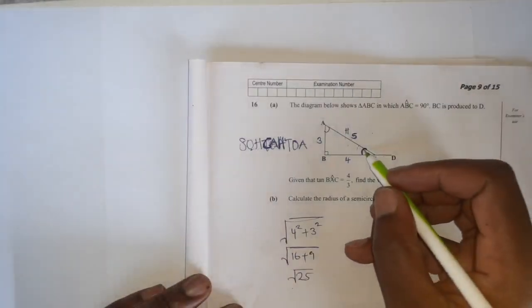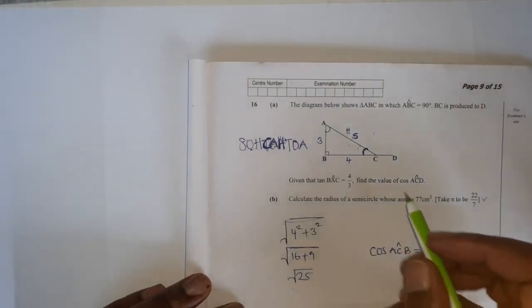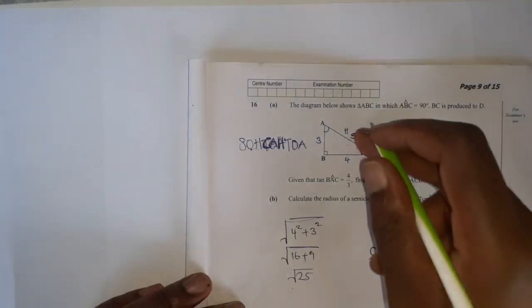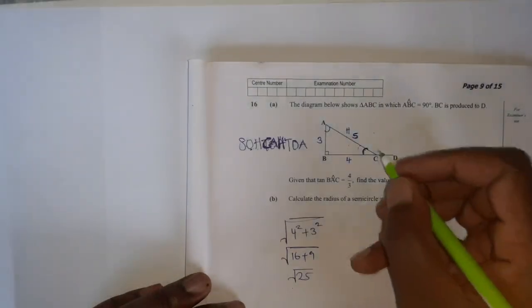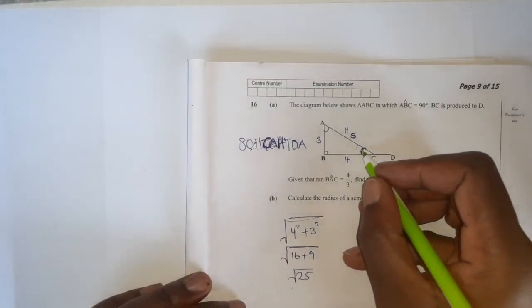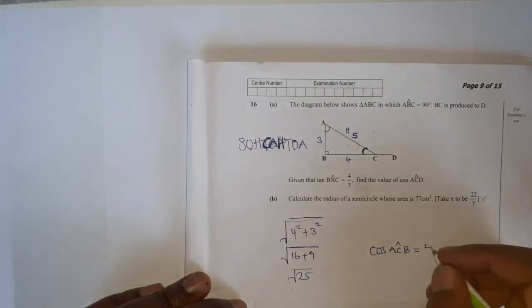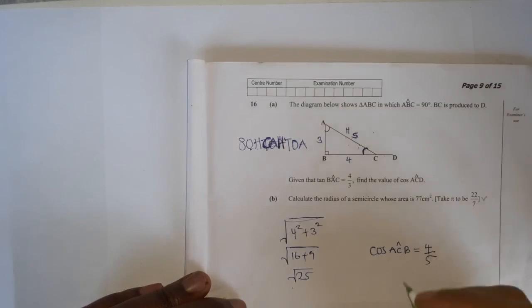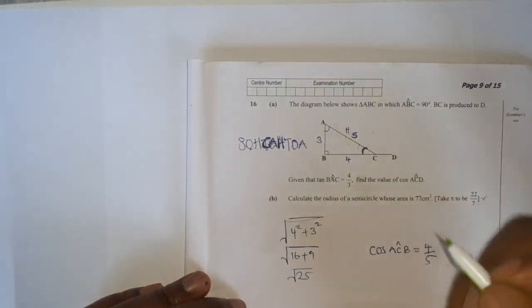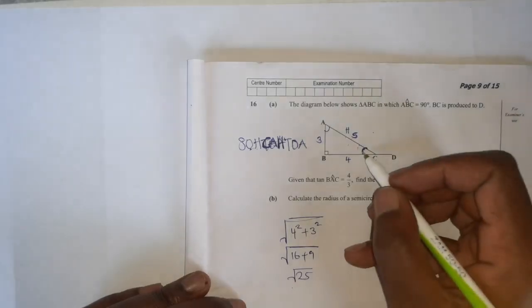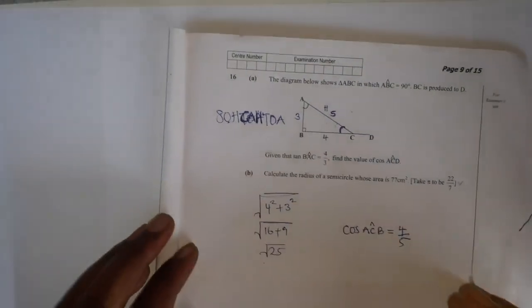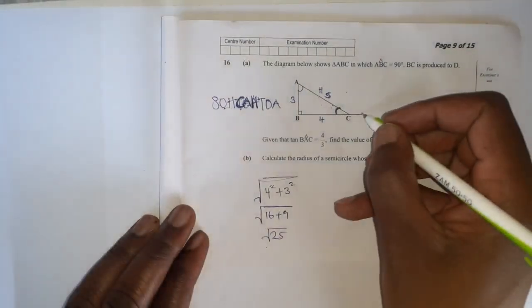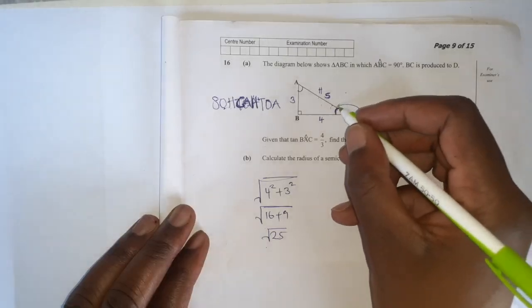So we are saying cos is equals to adjacent over hypotenuse. Now, when we are considering this angle here, the adjacent is 4 and the hypotenuse is 5. So that is this angle that is here. Now, I hope you remember that the question is asking us to find this angle here.